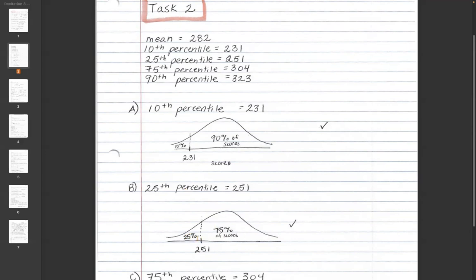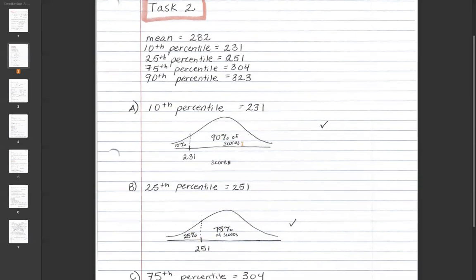You always want to make sure that the percentages under the curve add up to 100%, because then you'll get everyone. How I figure out this value, if it's not memorized, is 100% minus 25% is 75%, and same for part A, because you want to get 100% of the scores under the curve.